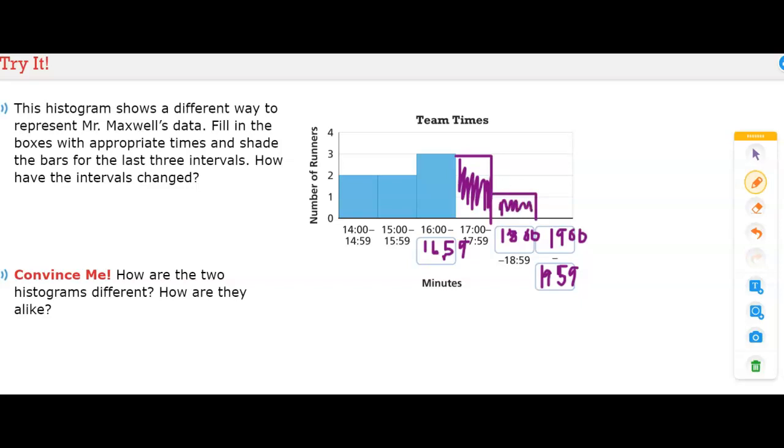And then the last, 19 to 19:59, and we have another 1 time that fits that interval. So now we have completed this histogram with the intervals, and the bars are drawn in. And that's it.